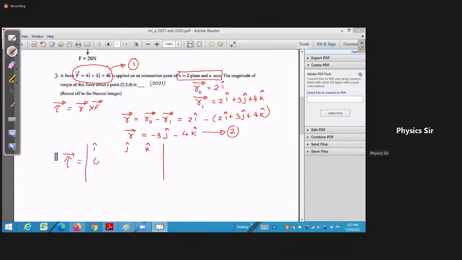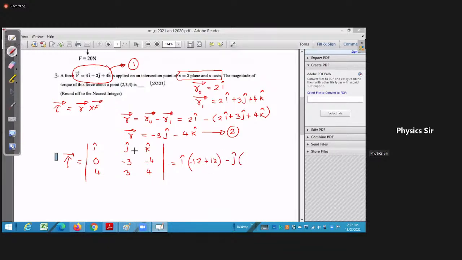Vector r is 0, minus 3, minus 4, and F is 4, 3, 4. So first i cap: I have to multiply 4 into minus 3, which becomes minus 12, and 4 into minus 3, so this will be a plus 12.